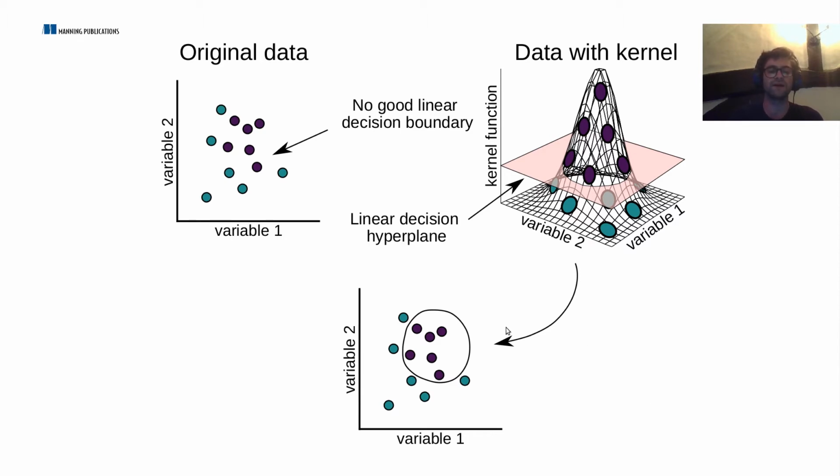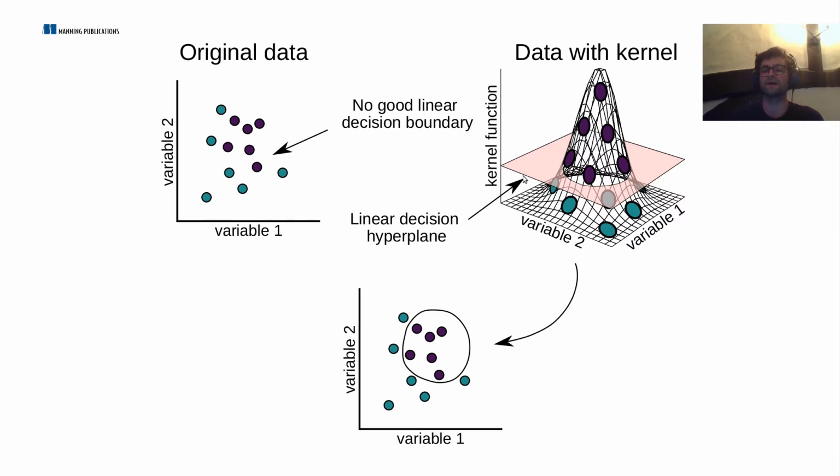Here's an example where I've got two variables and data belonging to two different classes, and there is no linear decision boundary that could separate those two classes. But the support vector machine can use a kernel function to add a new dimension to your data set that stretches or deforms your feature space in such a way that there now exists a linear hyperplane able to separate the classes.